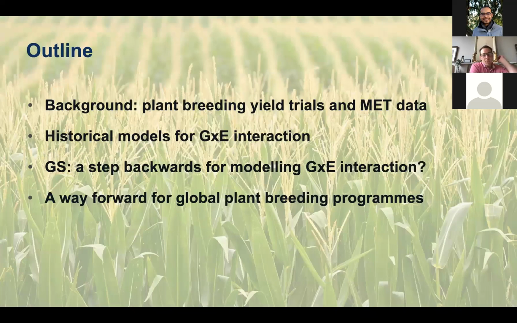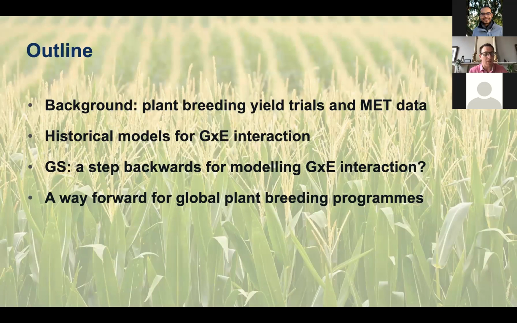So now to the actual presentation, just a brief outline of what I'm going to be talking about today. As Eduardo mentioned, I am going to be talking about GxE interaction, but I'm going to do it in a way that is not too technical. It's more or less from a higher level: what it is, why we need to account for it, but even to a larger extent, why we need to model plant breeding metadata properly.